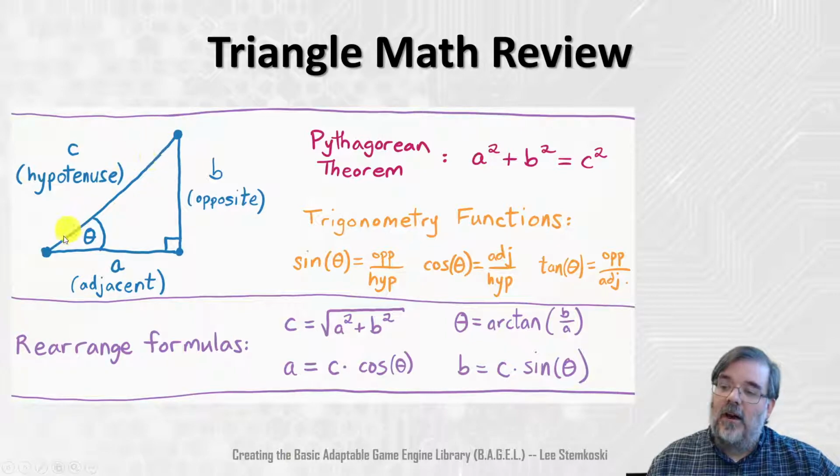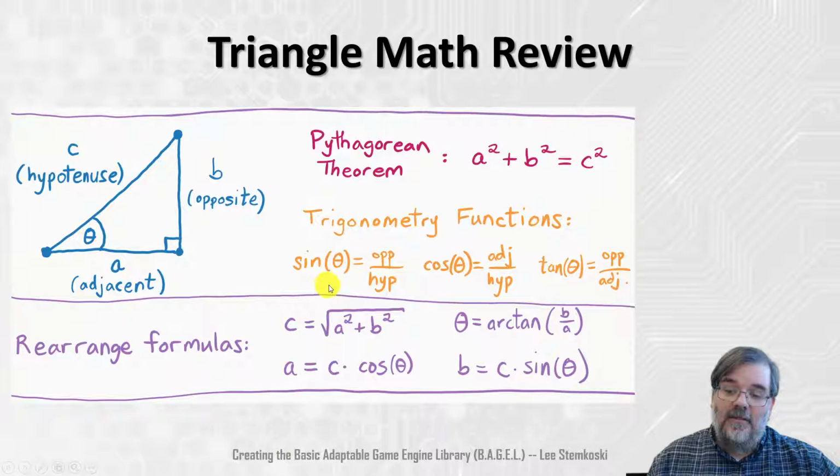Again, the side opposite the right angle is called the hypotenuse, but to distinguish the other two sides, we'll call the side next to the angle the adjacent side, and the side opposite the angle of interest, we'll call the opposite side. And there are some trigonometric functions which relate this angle to ratios of these sides.